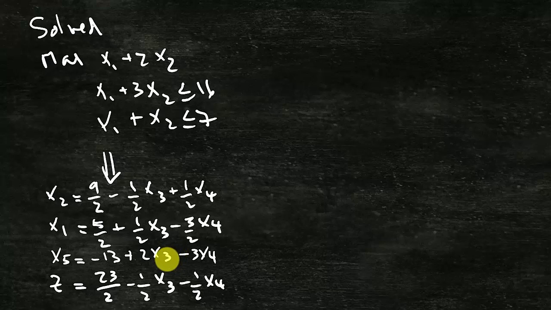But we want to do it so at this point what we'll have is that x3 enters and x5 departs, and you'll see that everything will remain. This will remain because x3, as you will see, will have a plus x5 element in there.